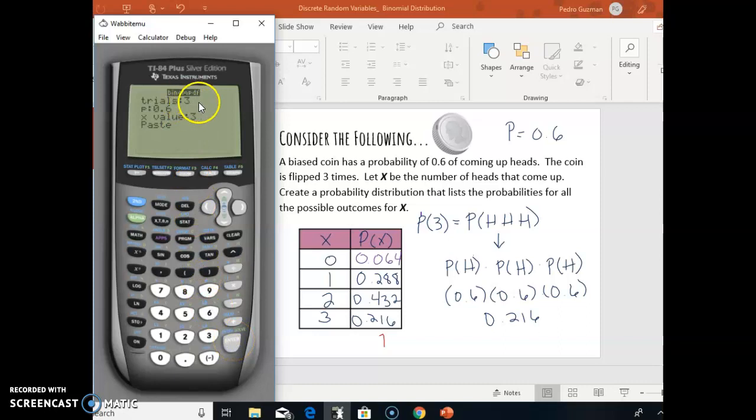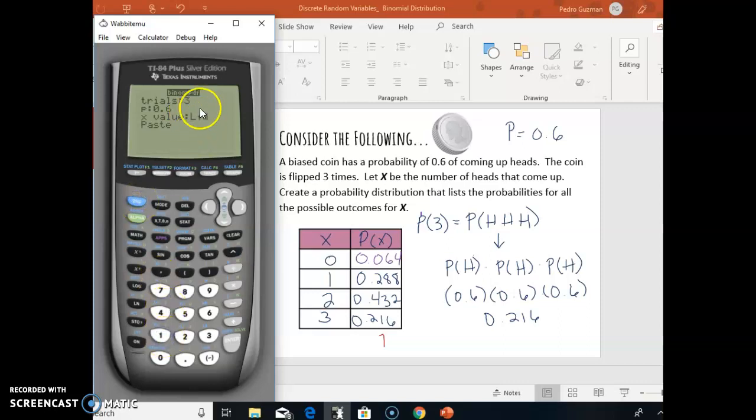And it's still 3 trials. Probability is still 0.6, but for the x value, we don't want one number. We want all of the numbers, so that basically the column's going to do a formula, and the formula is going to be filled in down the whole column. So we want all of the x values, and where are the x values? I just typed them into L1. So just type second 1 for L1.